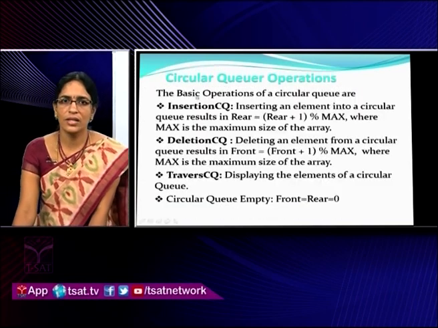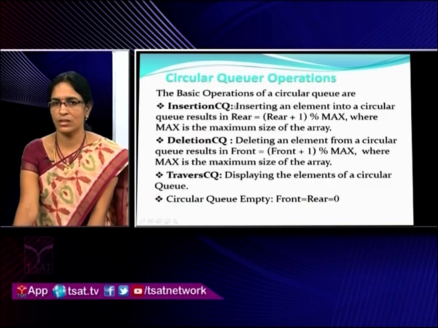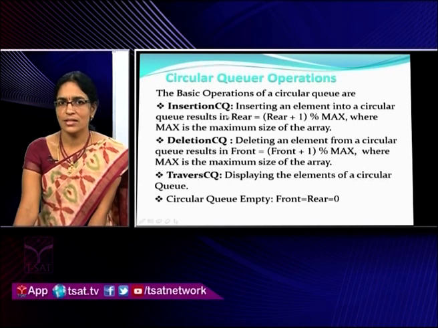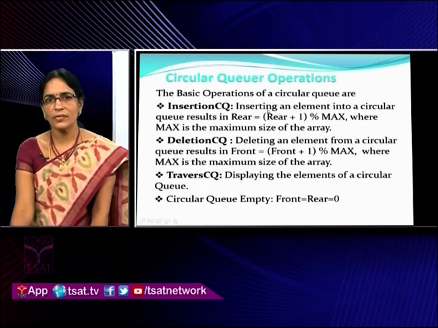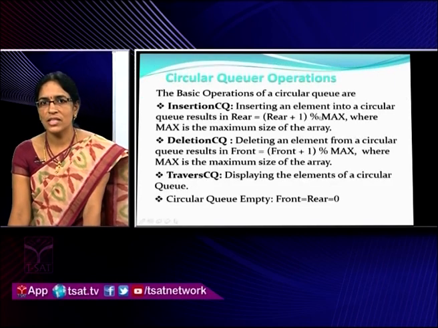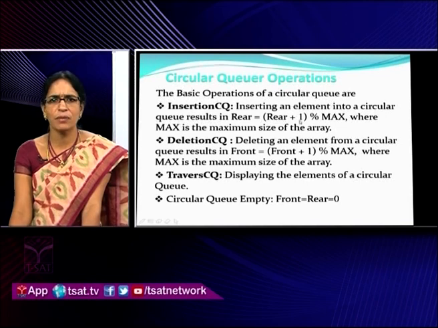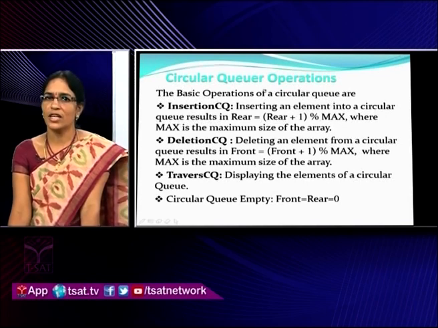Next, these are the three operations: insertion in a circular queue, deletion in a circular queue, and traversal of a circular queue. Insertion of an element into a circular queue uses this condition: rear equals (rear plus 1) modulo max. If the maximum size is 10, initially rear equals (minus 1 plus 1) mod max, which means rear equals 0.